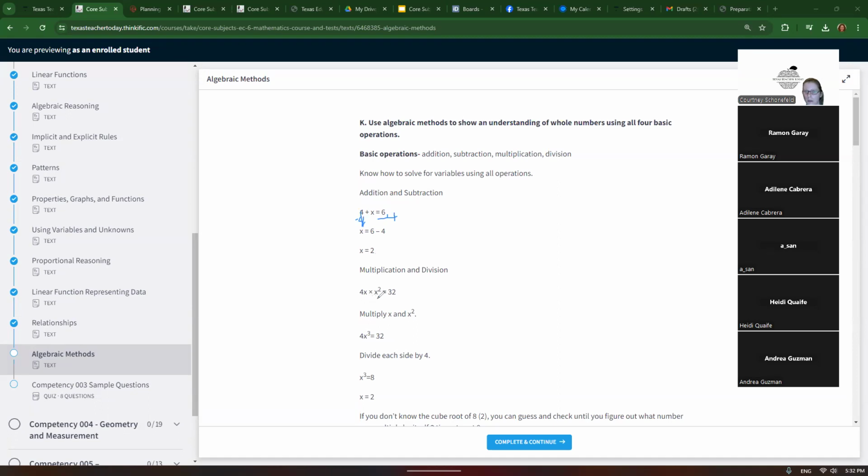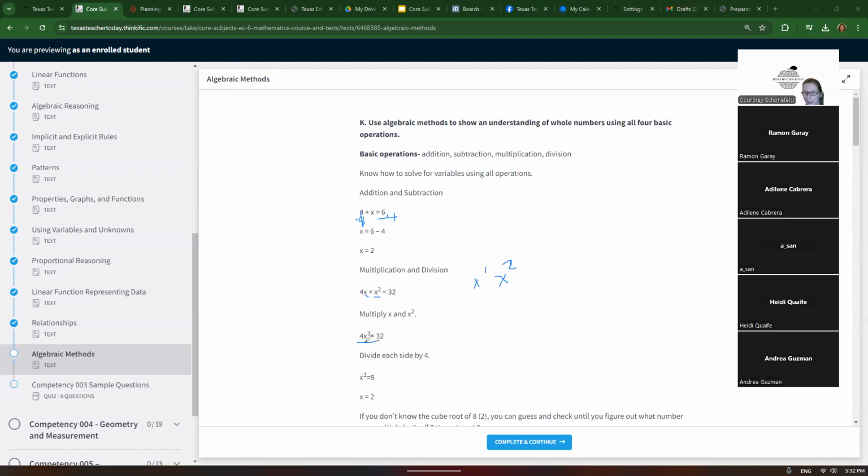Here, if we have 4x times x squared equals 32, we're going to multiply the x times the x squared, and that gets x cubed. When you multiply exponents, what you do is you add them. 1 plus 2, so it's 3. That's how you multiply exponents. 4x cubed equals 32.